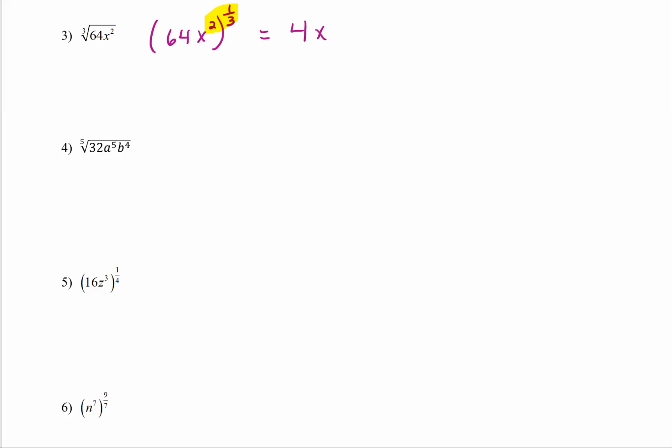And that's x to the 2/3. Number 4. The 5th root of 32 is 2. And then power to a power, we get a to the 1st, b to the 4/5.